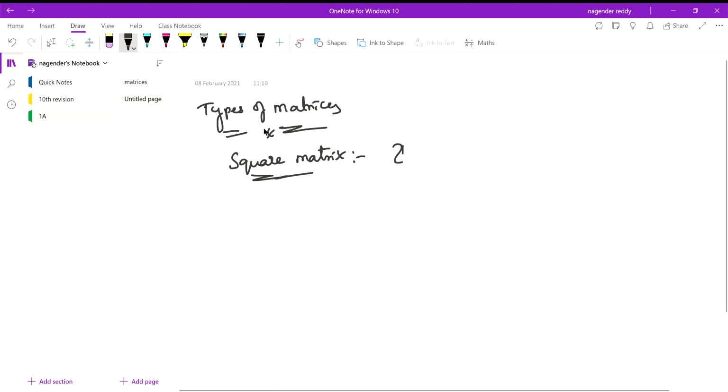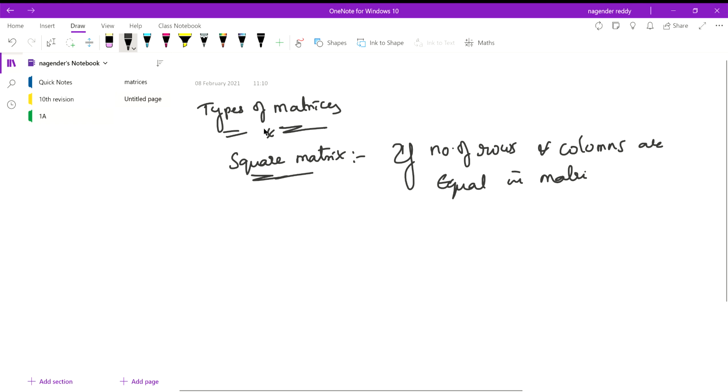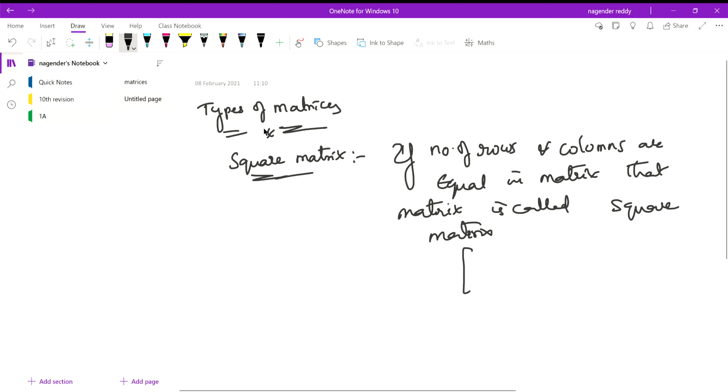If the number of rows and columns are equal in a matrix, that matrix is called a square matrix.